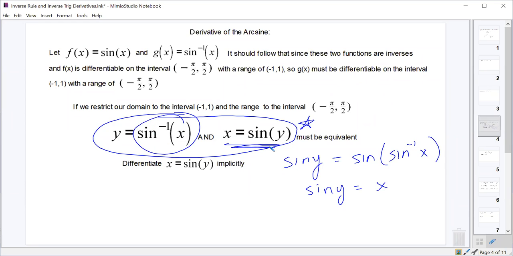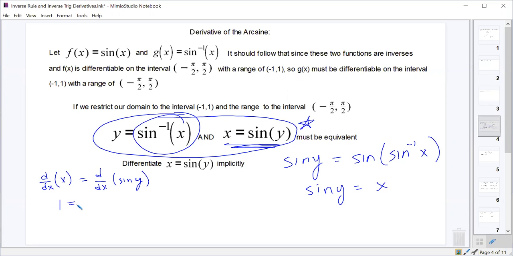So in order to find the derivative of inverse sine of x, to find dy dx for it, we're going to use this form and we're going to differentiate it implicitly. If we differentiate the left-hand side with respect to x, and we differentiate the right-hand side with respect to x, what do we get on each side? On the left, we should get 1.